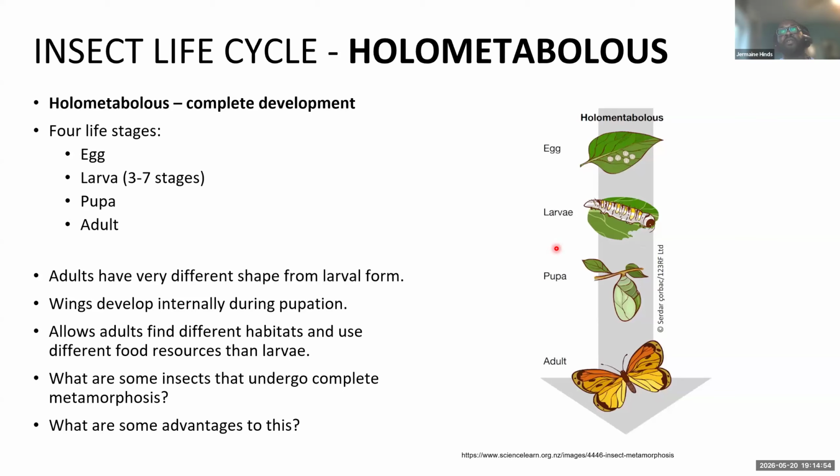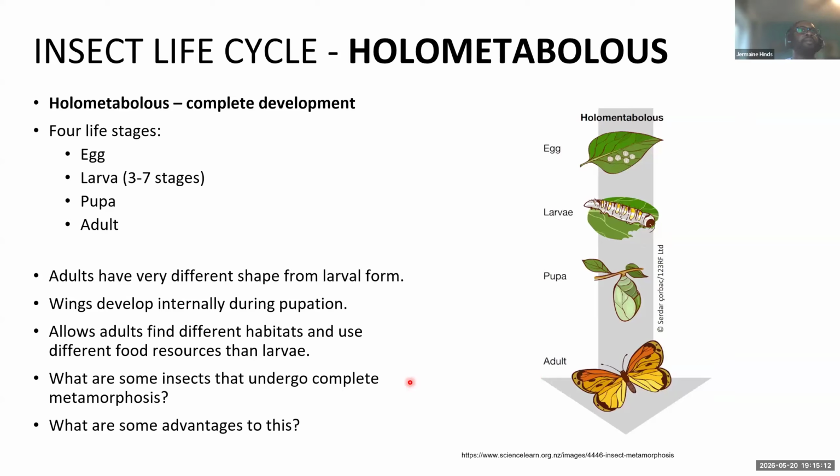So if you consider a caterpillar versus a butterfly, caterpillars are eating a lot of leaf material, whereas the adult butterflies are drinking nectar through their proboscis, right? And so they have very different food requirements.